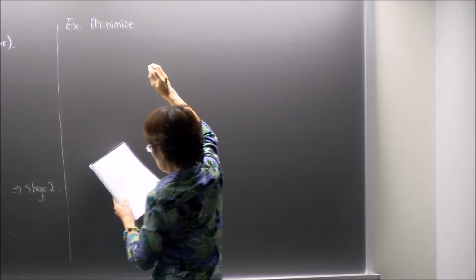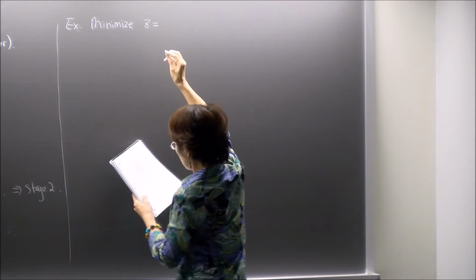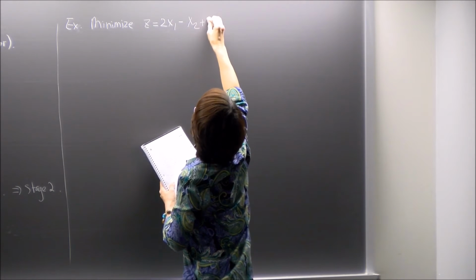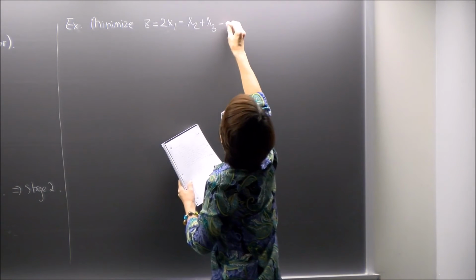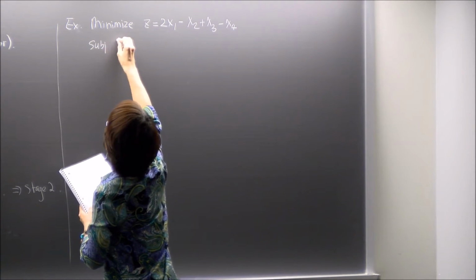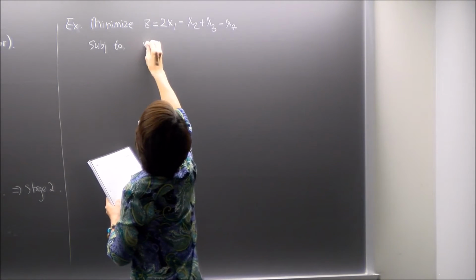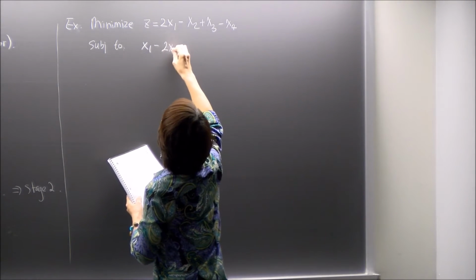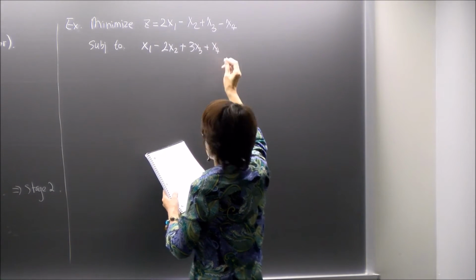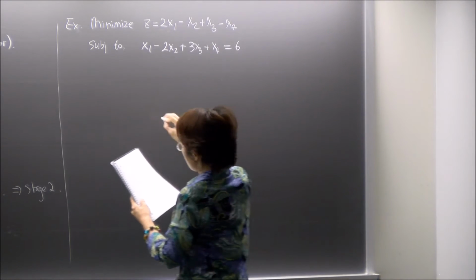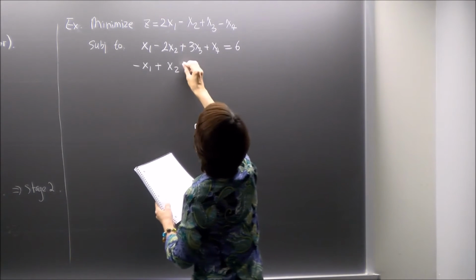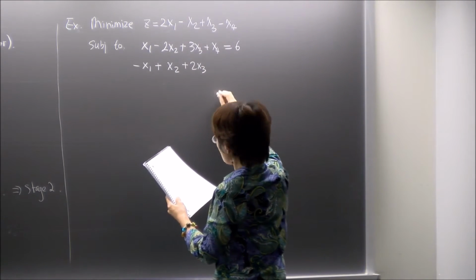Minimize C, which is 2x1, x2, x3, x4. Subject to the following: x1 minus 2x2 plus 3x3 plus x4 is 6, negative x1, x2, 2x3.